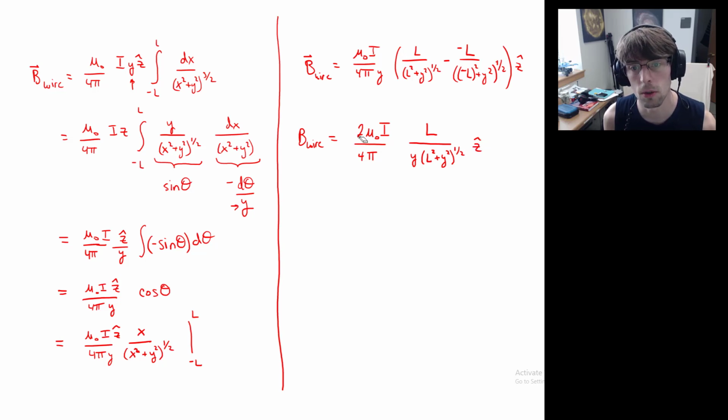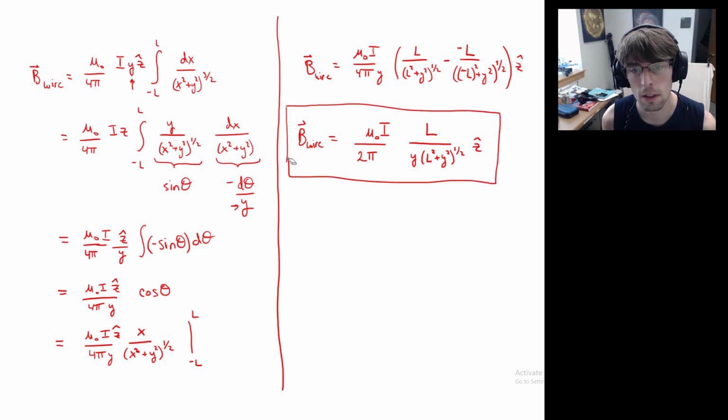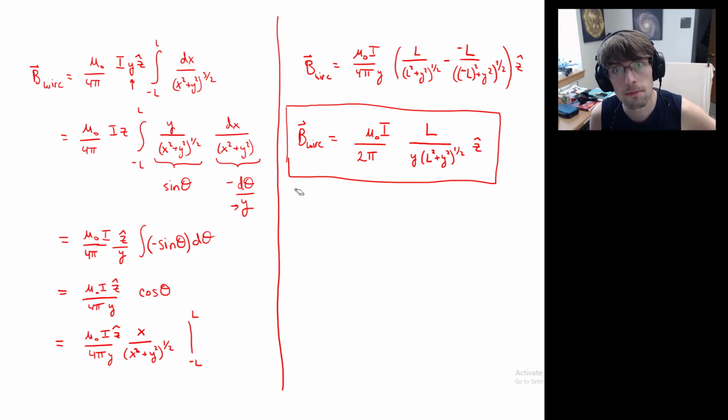Of course, you see the 2 and the 4. We could put a 2 here instead. And there we go. Here is the magnetic field due to a finite current carrying wire located directly above the center. Pretty cool, huh?